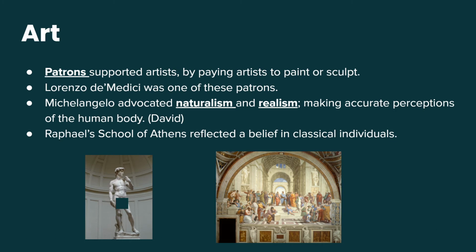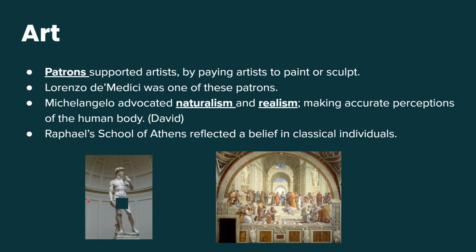There are lots of different artists that we're not going to talk about. They call them the Ninja Turtle ones that they're named after. But there's Michelangelo, who advocated for naturalism and realism, which is basically just making accurate perceptions of the human body. Like this David statue, which is so accurate that I had to put that box on there.